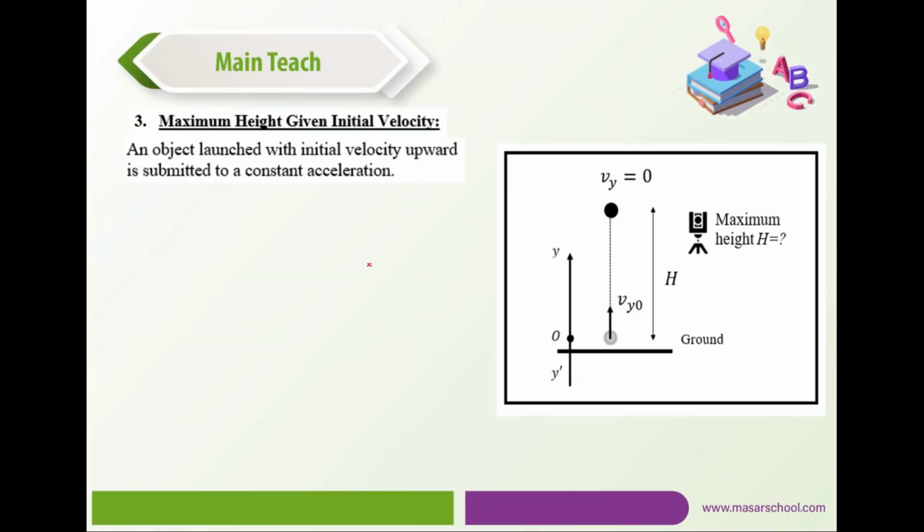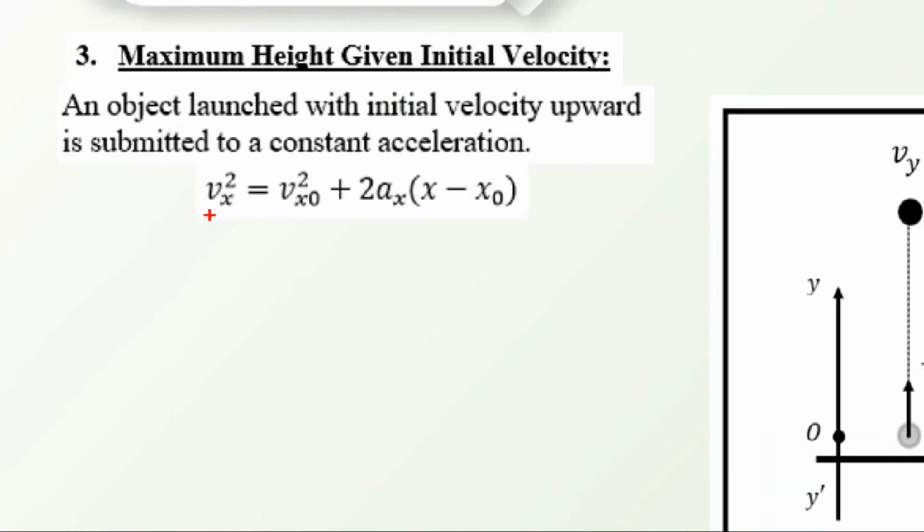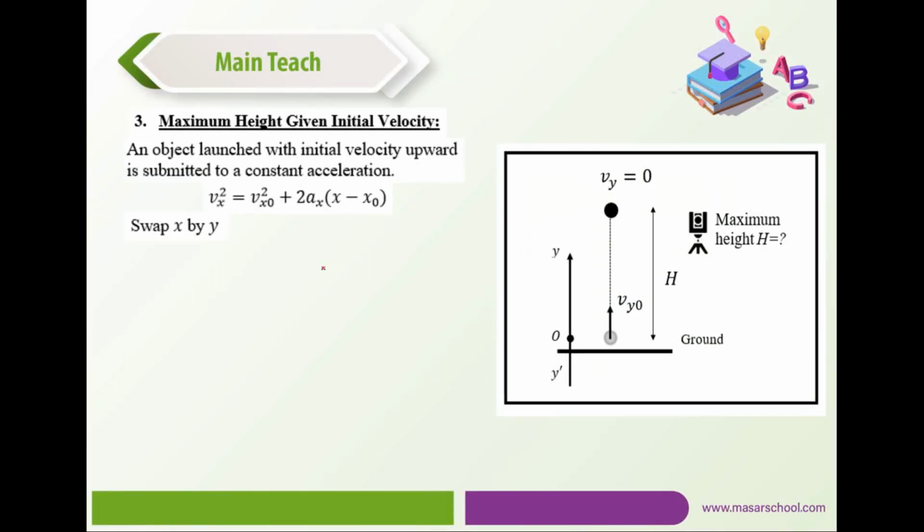So it is uniformly varied motion, and we're going to use the following equation, which is the equation that relates the final velocity to the initial velocity with the displacement or the height. Let's swap x by y.